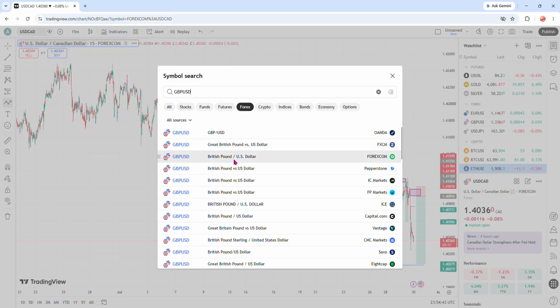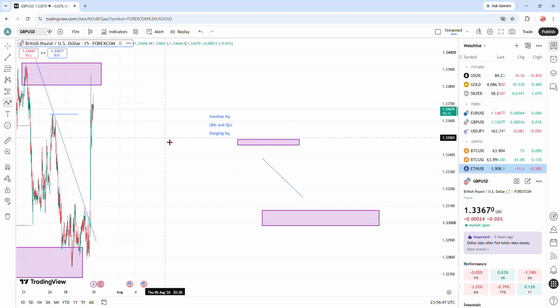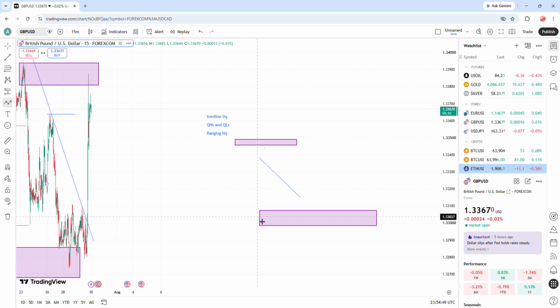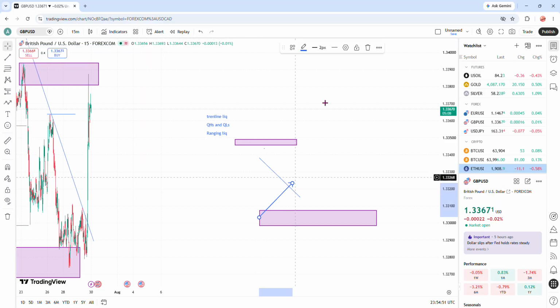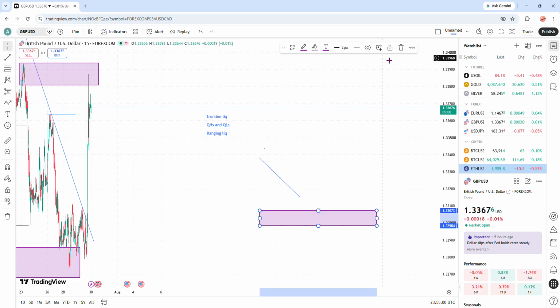Now the second one is equal highs and equal lows. Equal highs and equal lows in the market are also liquidities. People who trade chart patterns are the ones that usually fall for this type of liquidity most of the time.